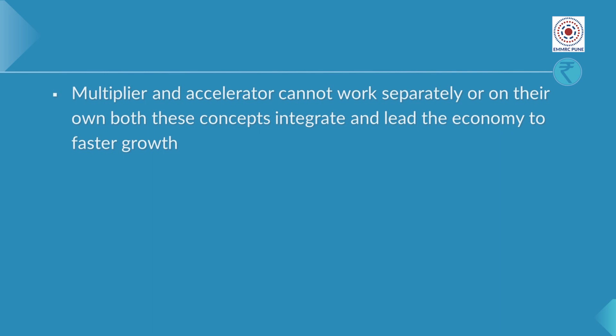In the latter stages, some economists like P.A. Samuelson, J.R. Hicks, R.F. Harrod and A. Hansen studied the two concepts together and concluded that multiplier and accelerator cannot work separately or on their own. They said that both these concepts integrate and lead the economy to faster growth.